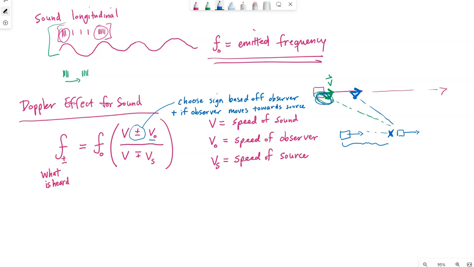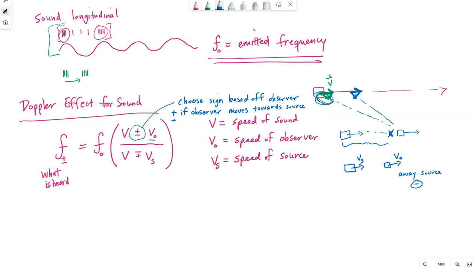For example, let's say we had the cop car traveling to the right, but we're in our own car traveling to the right. So V of the source would be the cop car, V sub O is us. Since we're moving in this situation away from the source, we would use the minus sign.